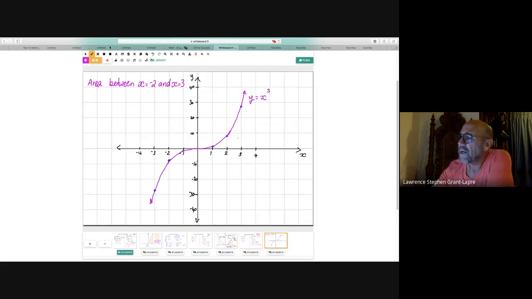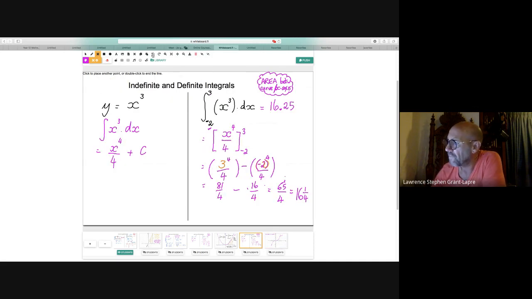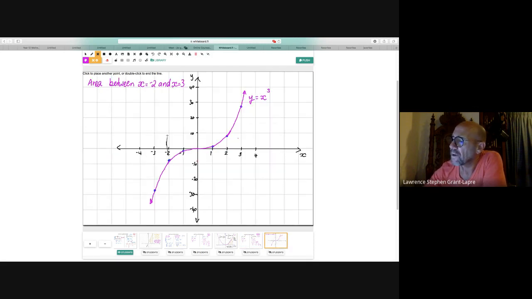So let's have a look. Let's get the x equals 3 line. That's this line here. Let's get the x equals -2 line. Let's do it properly here. Draw that line. Okay.